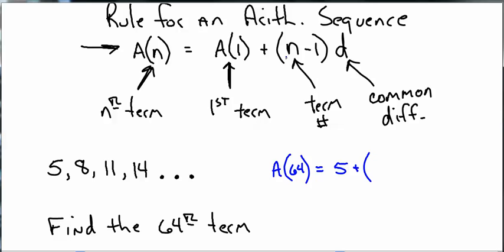Remember, our n in here has to be the same as the n here. We're looking for the 64th term. We're going to subtract 1 from it, and multiply it by our common difference, which is 3. So then you can just do the math: 5 plus 63 times 3.